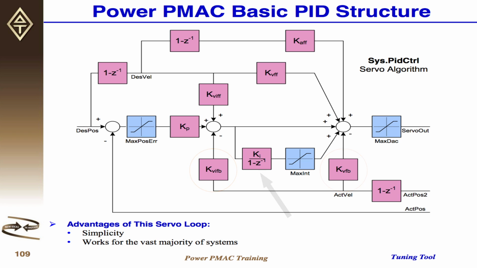And we also have feed-forward terms, acceleration feed-forwards, velocity feed-forwards. This is the really standard basic algorithm that you can use. And in almost all cases, you don't need to worry about this.